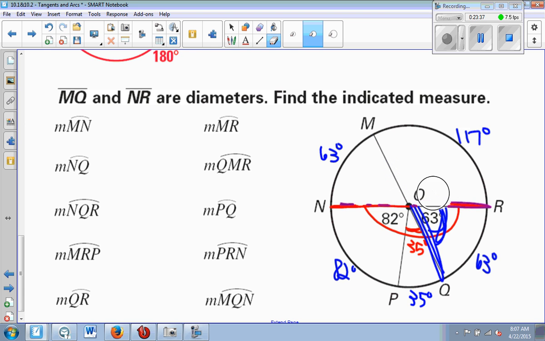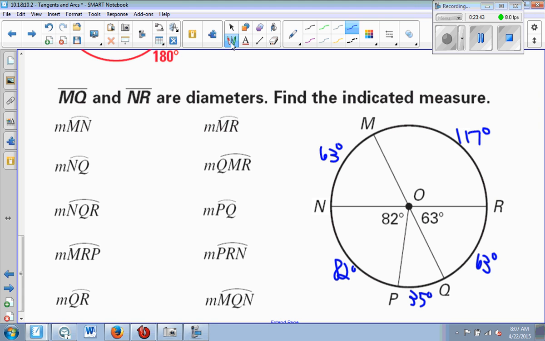I'm going to erase all this stuff in the center because we've now labeled all the arcs, and now it's all addition. If I want to know, for example, QMR, I'm going to start at Q, go around to M, finish at R. So I've done almost a full circle. I can figure out that arc measure by doing one of two things.